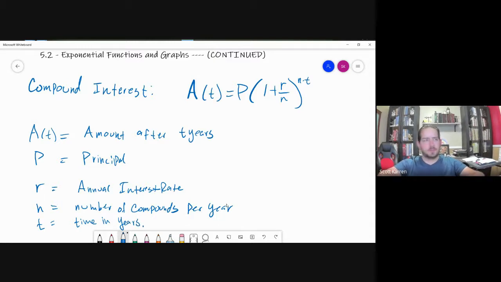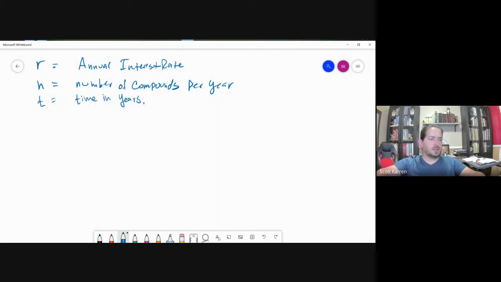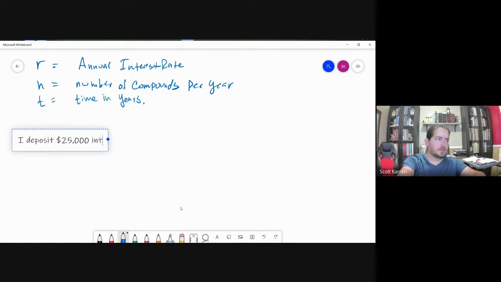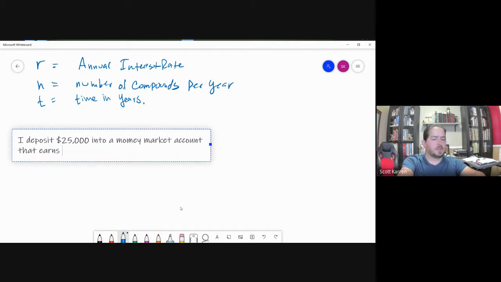So we have that. And if I were to walk into a bank and I deposit, let's say, $25,000 into a money market account that earns, let's say, 4.25% annual interest rate, and it's compounded, let's say, quarterly.